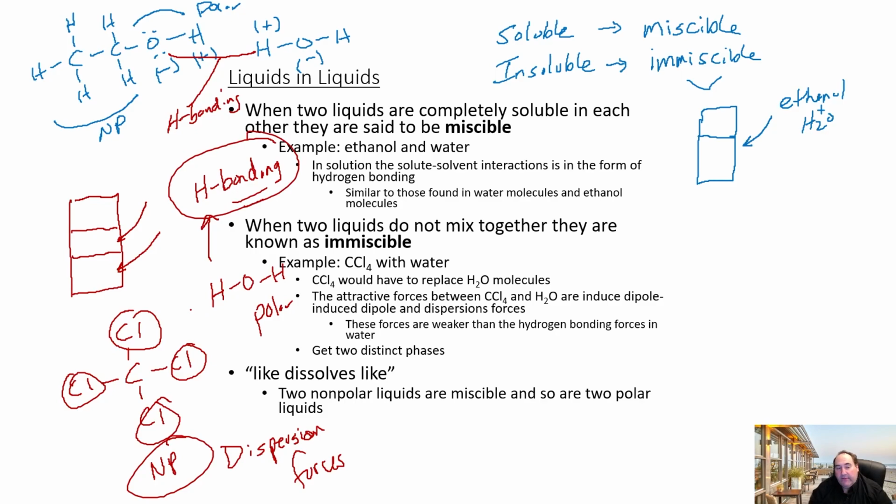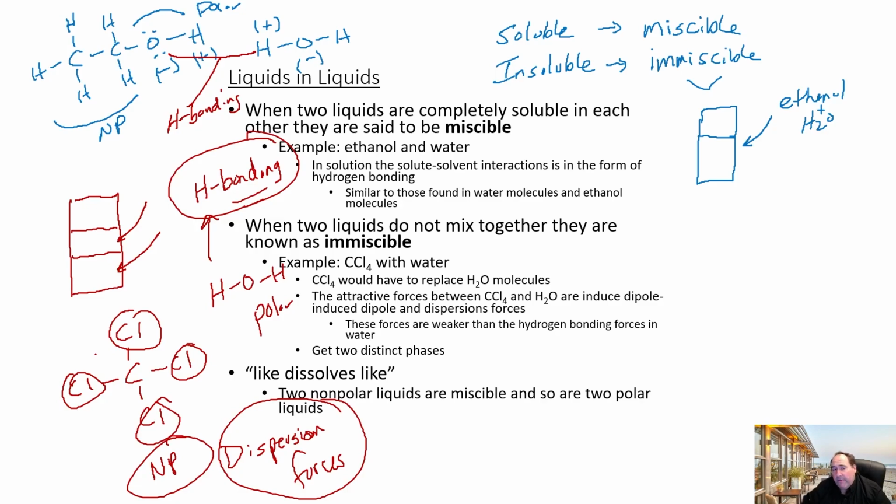Thus, we have very different modes of interacting with themselves, which means when they come together, they're going to have a really hard time interacting well with each other. They typically will not, because of that very difference in the way that they use intermolecular forces.